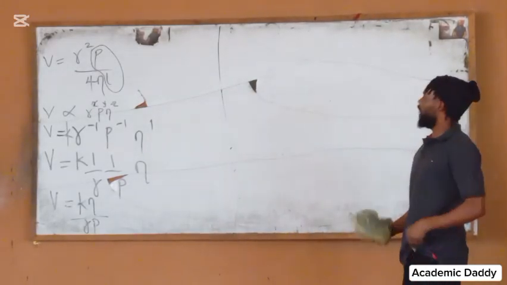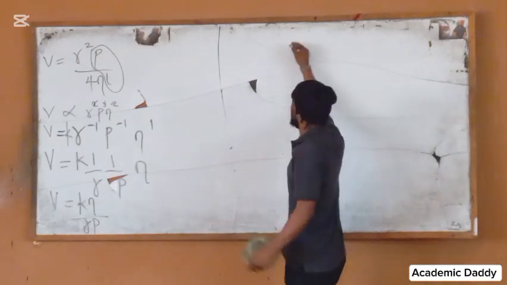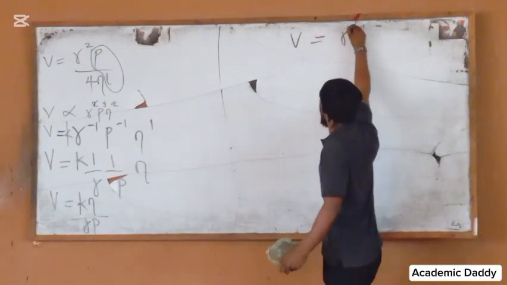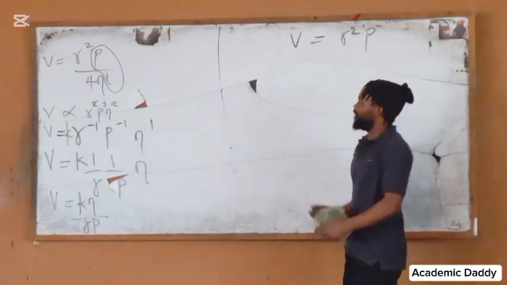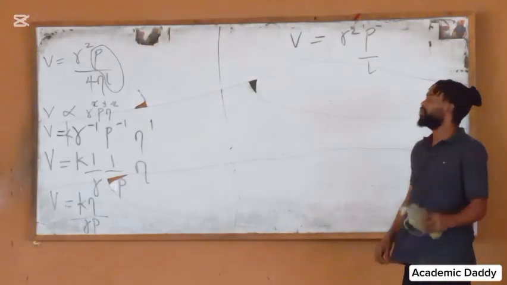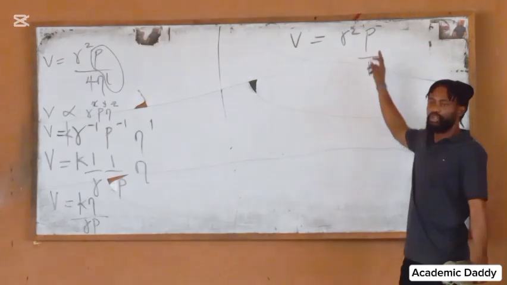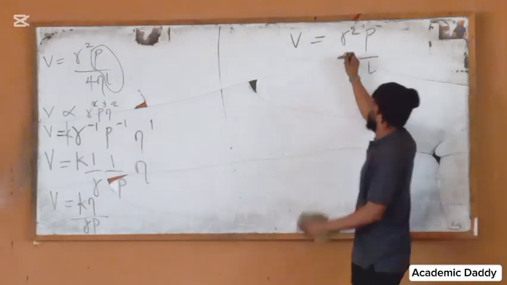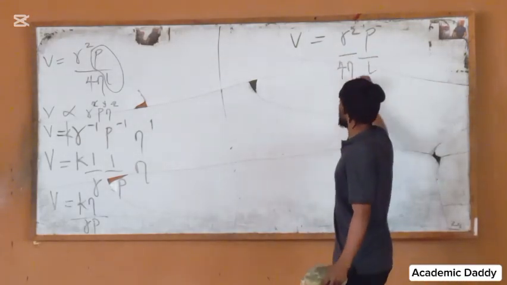So now I'm given an equation that V is equal to R squared P, and notice that they said that this P over L is the pressure gradient. Is it not true? So what I have here is actually pressure, and what I have here is actually length, all over 4 and viscosity.